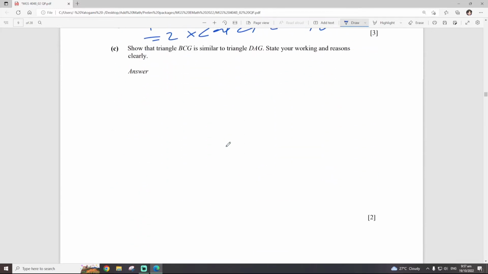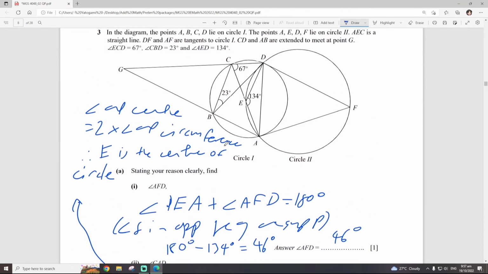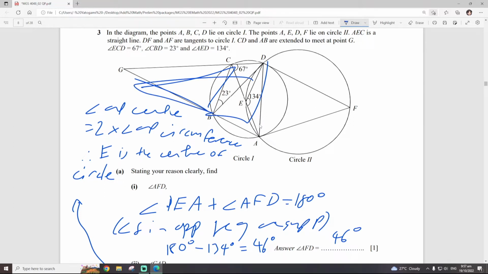Show that BCG and DAG are similar triangles. Okay, so that will be this triangle and that triangle, which shouldn't be too hard because they have a common angle, right?